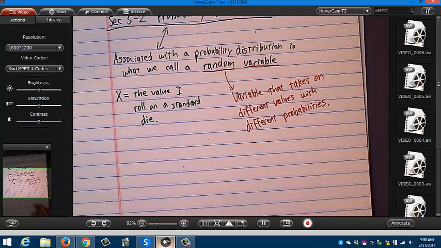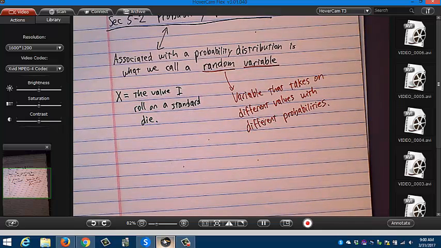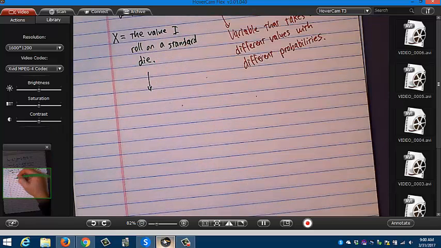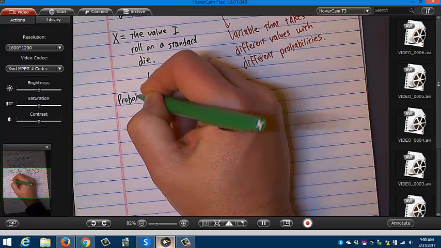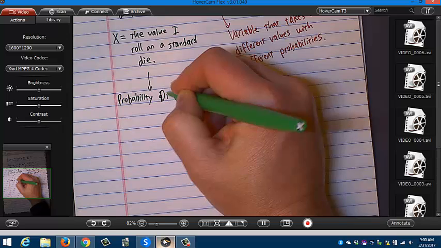If I say that that's X, then what I can do with that is show you what the probability distribution would look like.